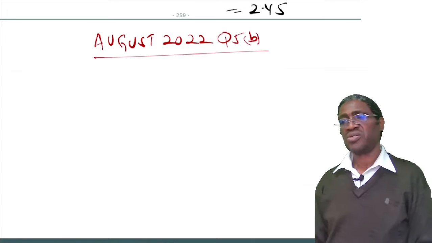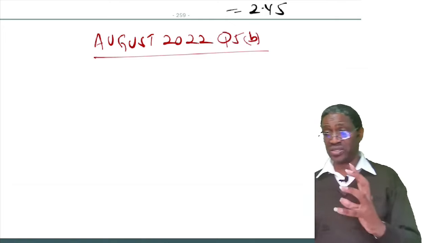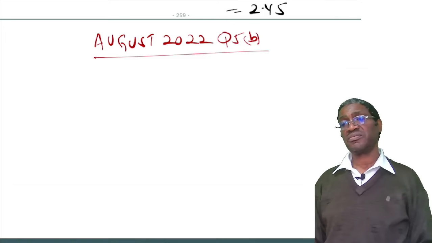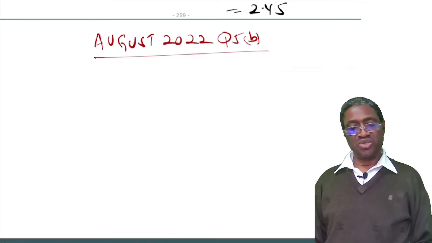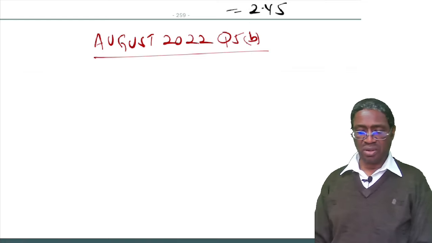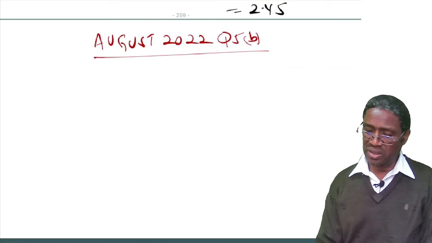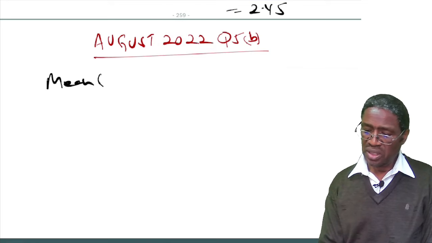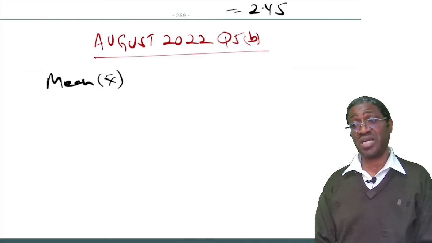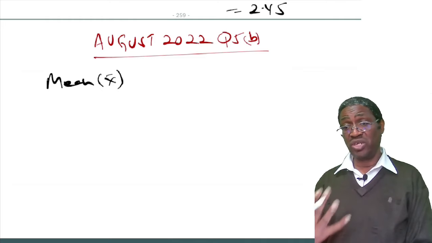Okay? Let's do the mean first. We need to get the mean, X bar. We are calculating the standard deviation, but to get the standard deviation, you need the mean.